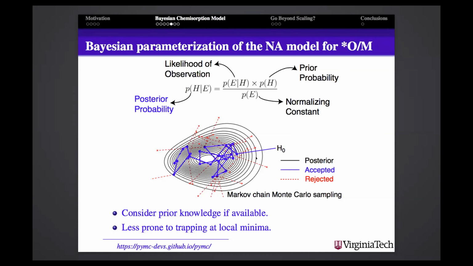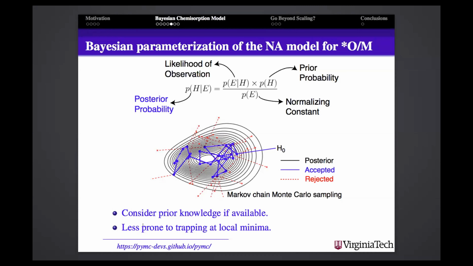So you can use a Markov chain Monte Carlo sampling approach to sample the posterior distribution without considering this normalizing constant, simply because in the Markov chain hopping, the probability of each step is only determined by the relative probability, not the absolute values.